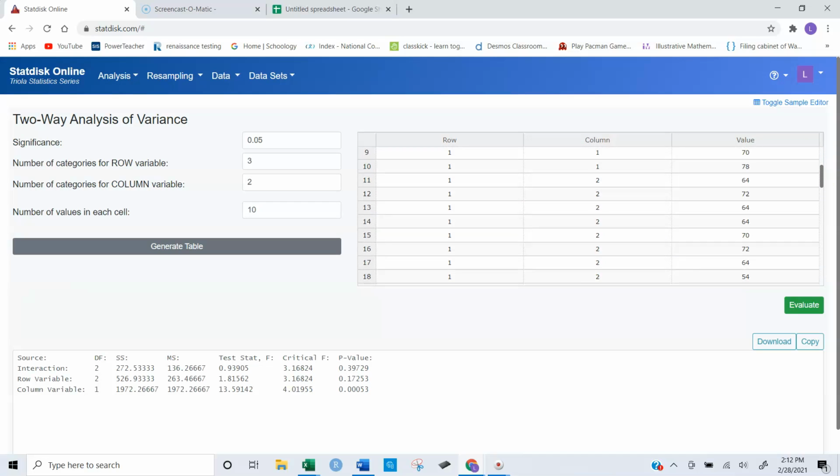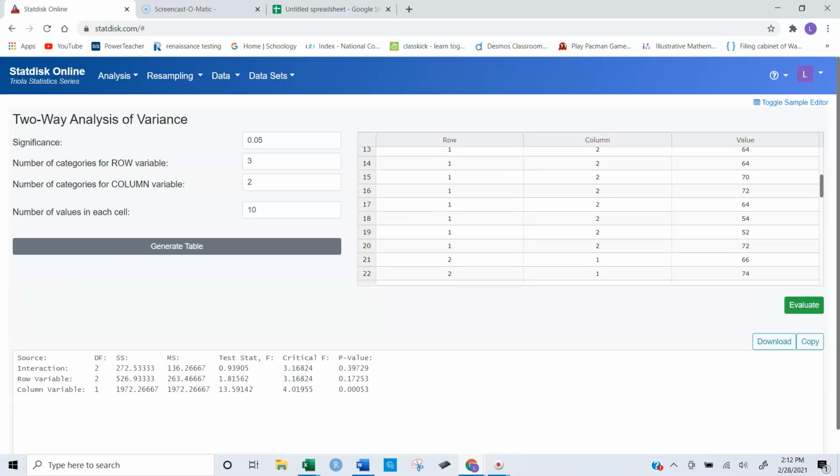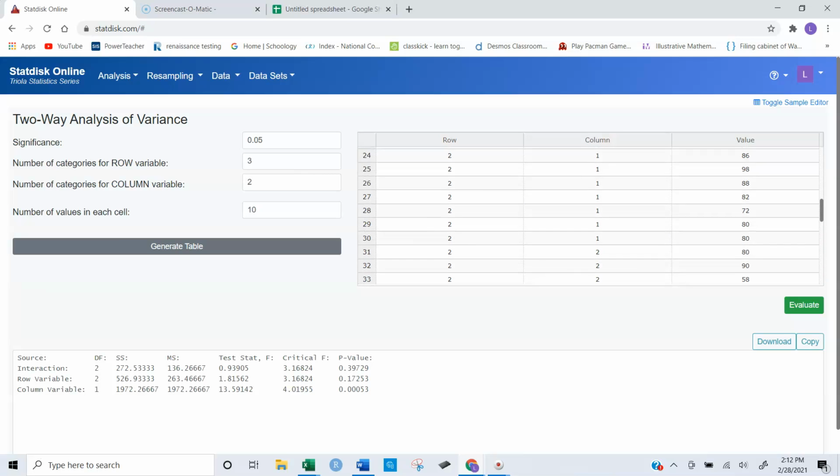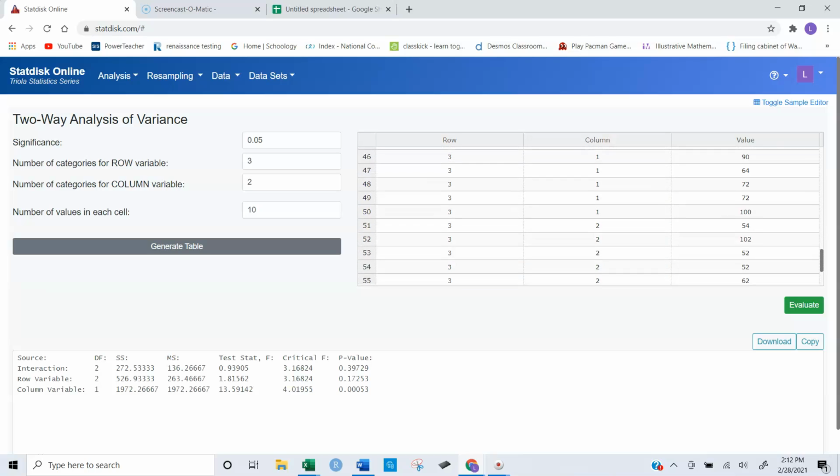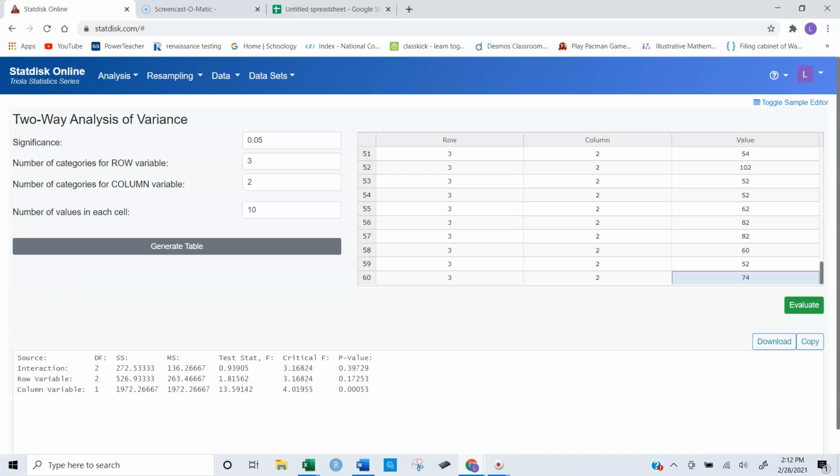Now it goes row 1, column 2 are the next 10, and then row 2, column 1. You're entering all of your data in here like so. You cannot enter it in any other way. You have to get it generated by this table. So 0.05, 3 rows, 2 columns, 10 in each, generate table, then type it into the values. Okay, pause and get that done.